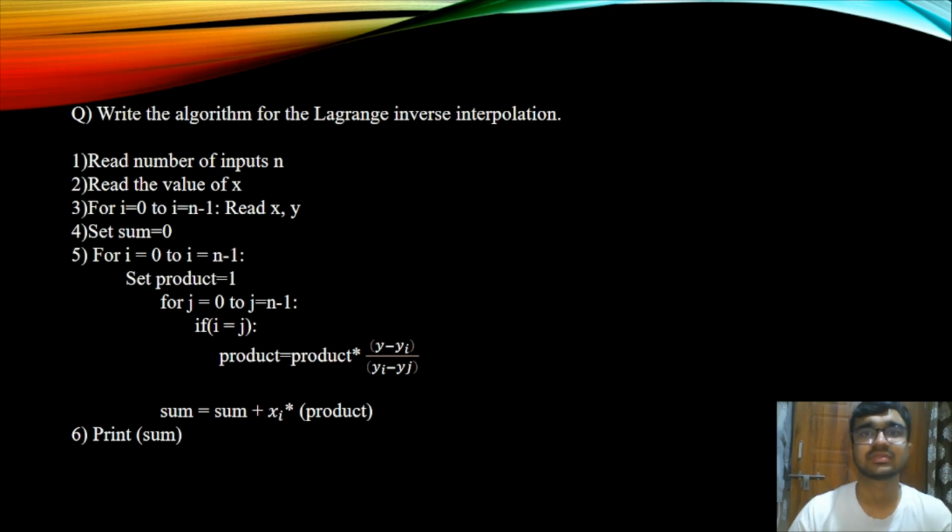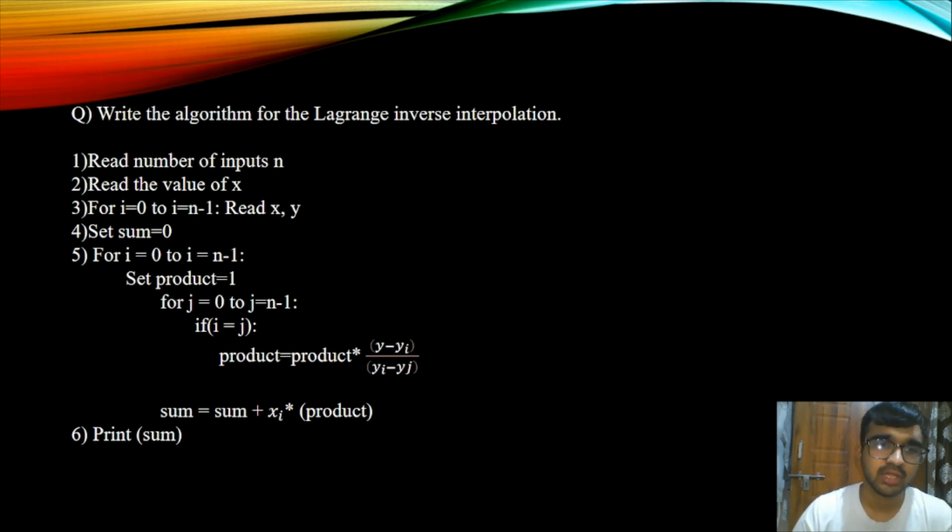Then we set our sum variable equal to 0. Then again we run a for loop from i equals 0 to n minus 1, and we set another variable, product, equal to 1, and again we start another loop for j equals 0 to n minus 1, and if i is not equal to j, we multiply our product variable by (y minus yj) upon (yi minus yj) and store this value again in product.